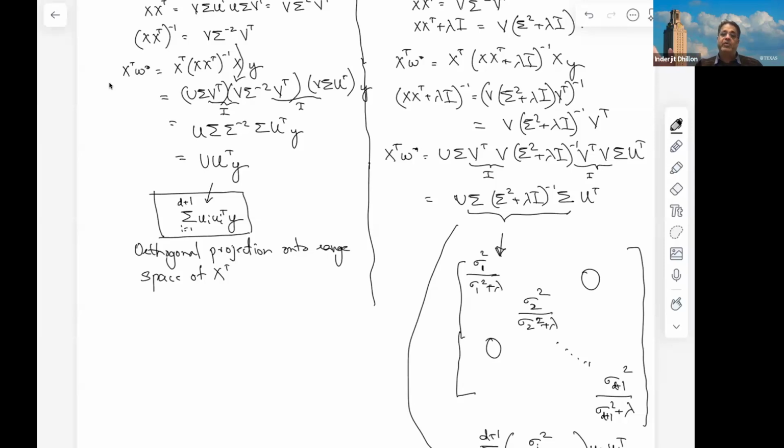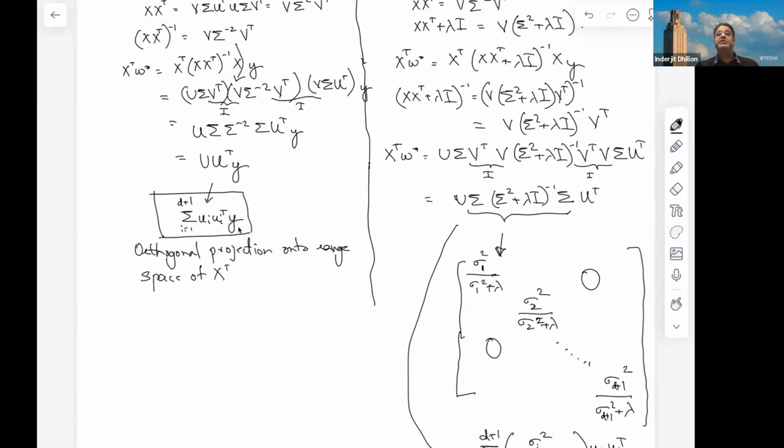Then sigma d plus 1 could actually be equal to 0. But what linear regression does is it actually eliminates sigma over here. Sigma i is not over here. So it treats each singular value to have the same importance. And it basically just does a projection on the entire space.